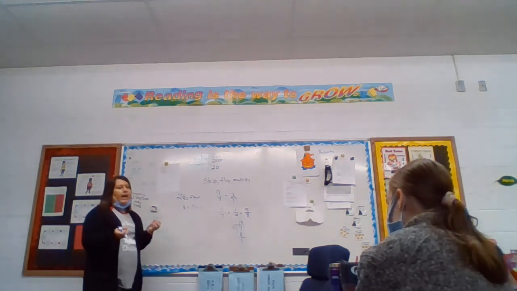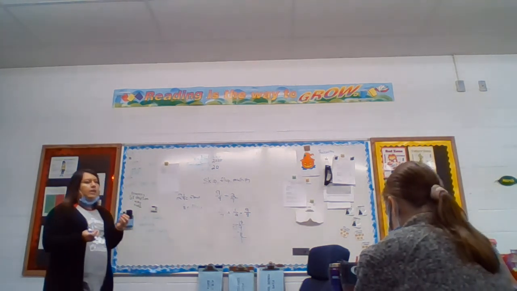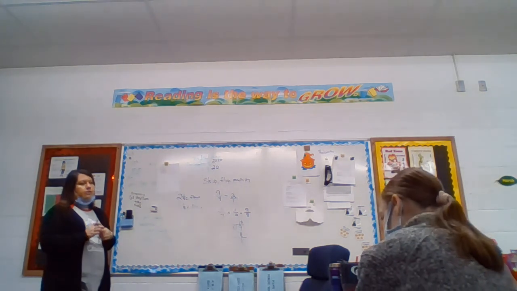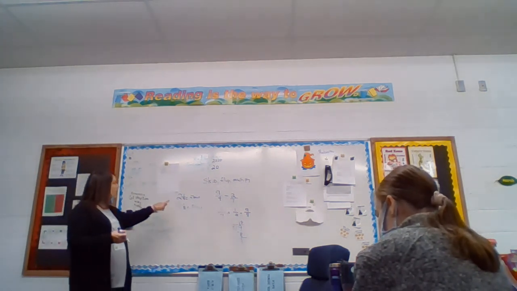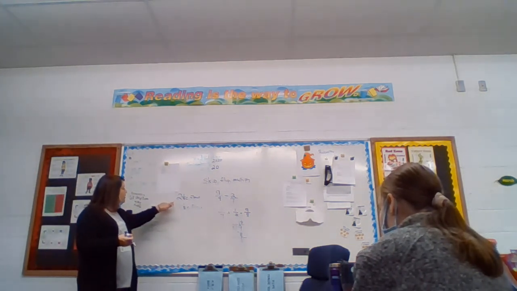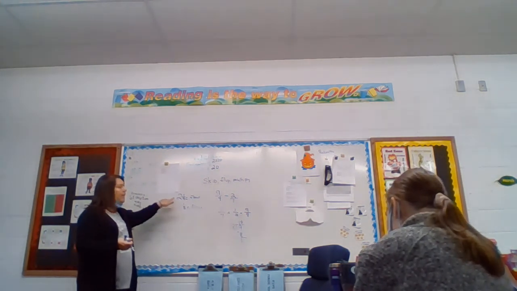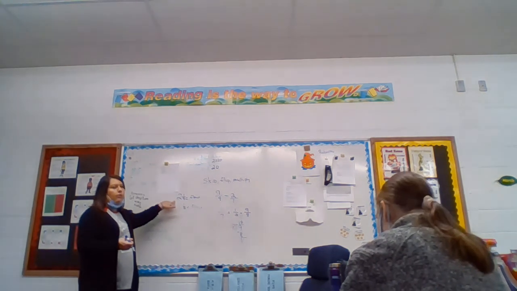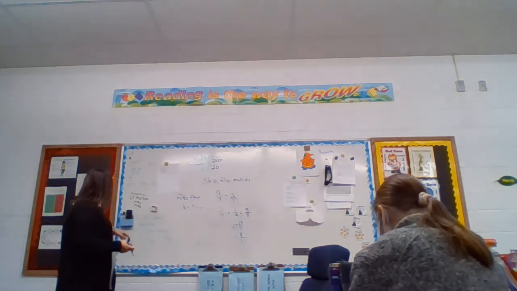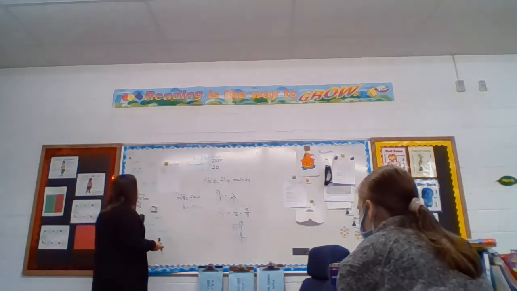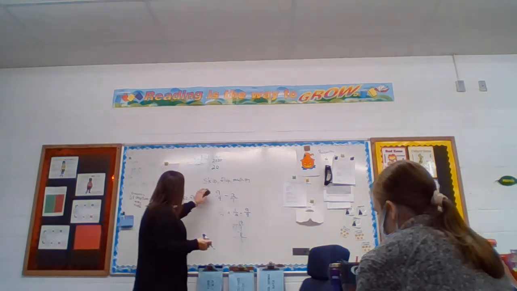When we cut a recipe in half, we know we're going to use less of the ingredients, right? So we can check ourselves because we know that 1 1/8 is smaller than 2 1/4. Okay, so what's the next two ingredients?